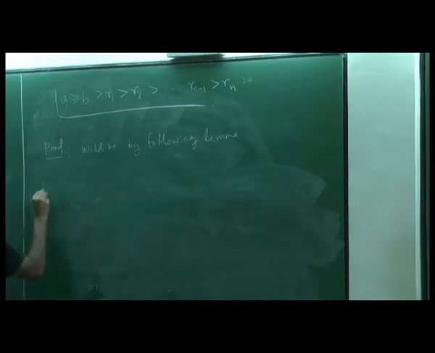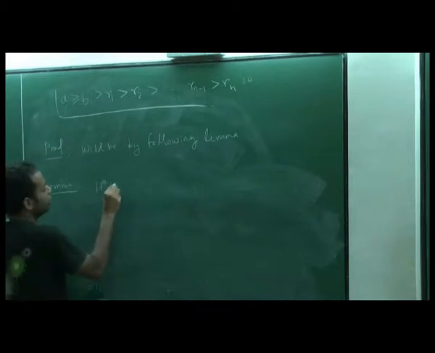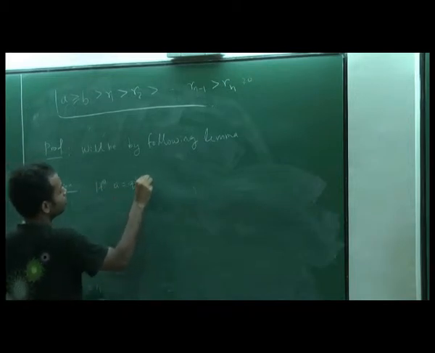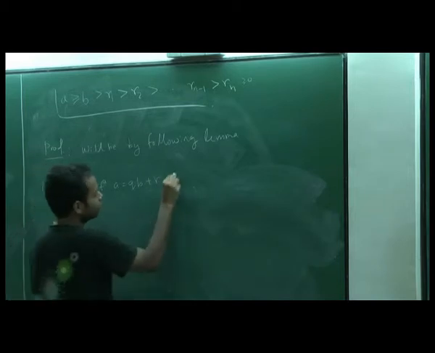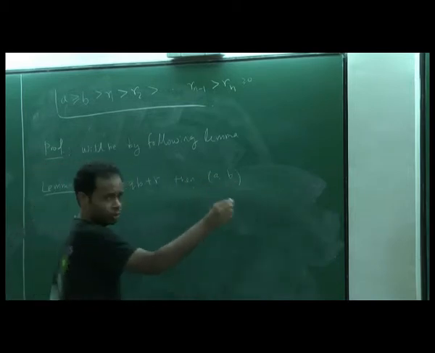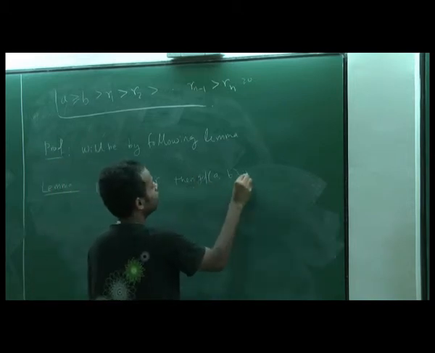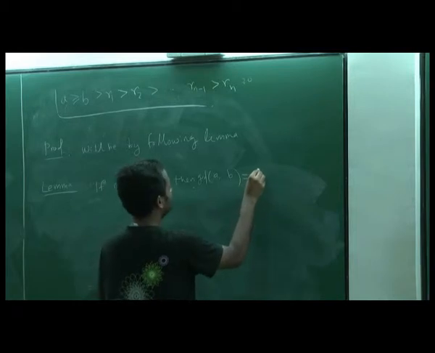What is that lemma? If A equals QB plus R, where R is whatever, need not be the remainder, then the GCD of A and B is equal to the GCD of B and R.